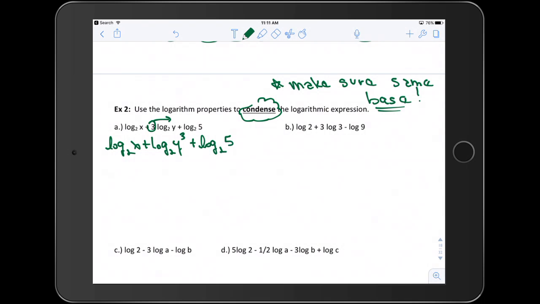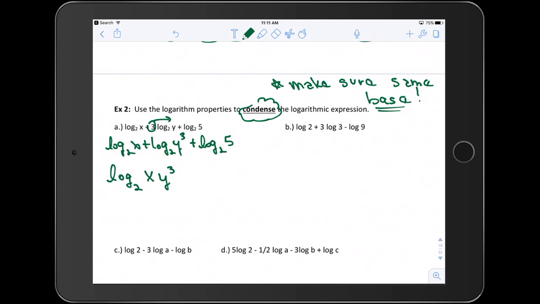So I first get my exponent up where it needs to be. When you're condensing, you're doing the operations exactly opposite. So you're going to first use your power property of logarithms. Then notice everything's addition and positive, right? So we're talking about multiplication here. So we're going to go log base 2 of x y cubed times 5.